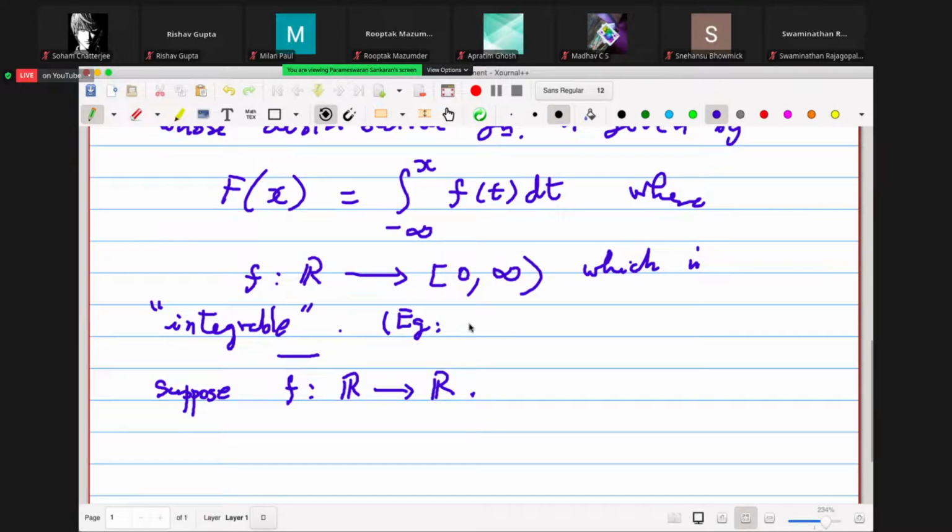Example: f is continuous, and it should make sense to write this integral. It's not enough if it is just continuous. So continuous, monotone.